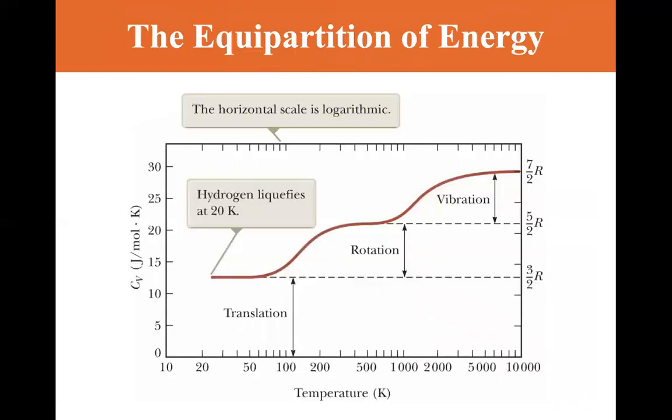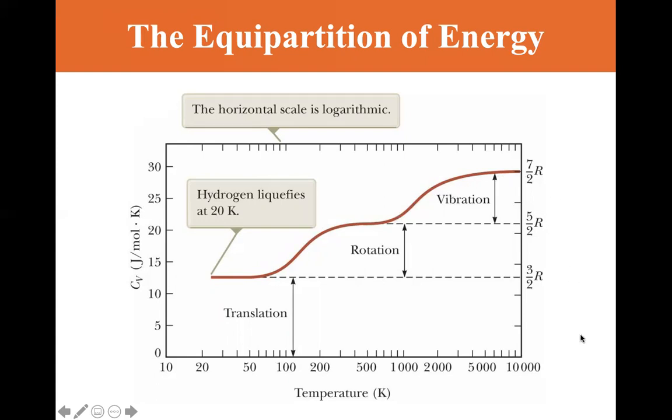Now we can see that at low temperatures, diatomic molecules pretty much just look like they're translating. As we get higher in temperature, we see the rotation, and if we get even higher, we see the vibration.